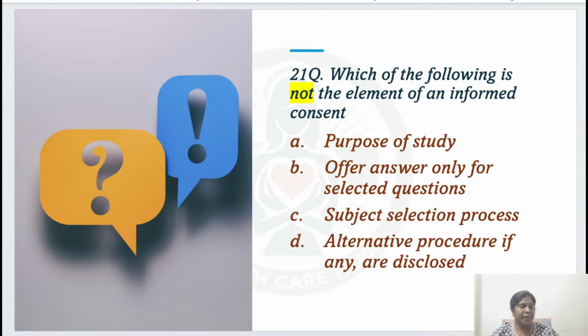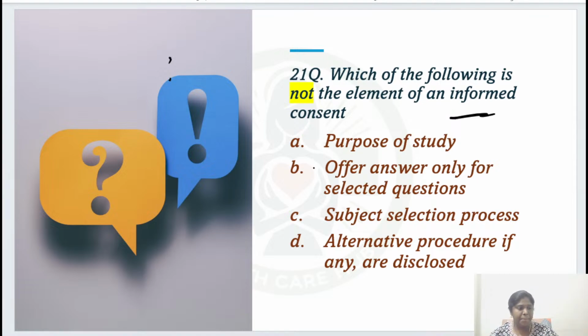So which one? 21A, B, C, D. When we are having this informed consent, which of them is not there?